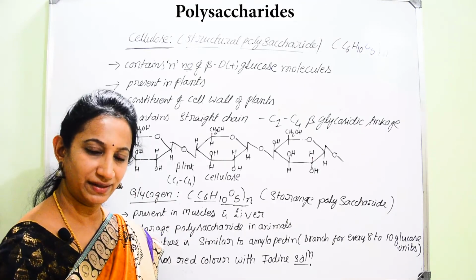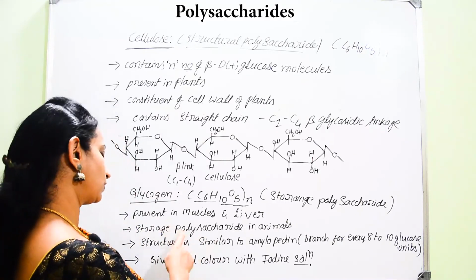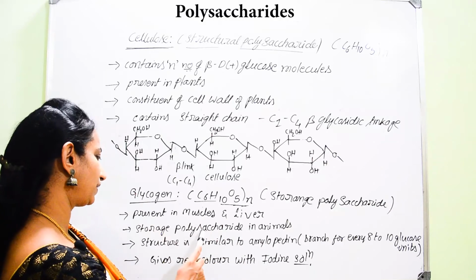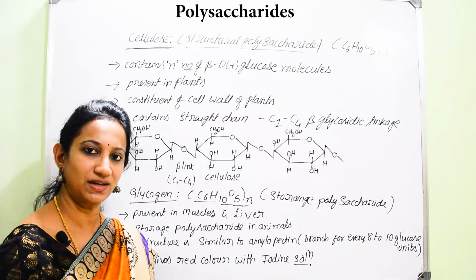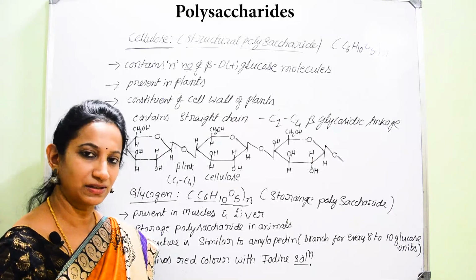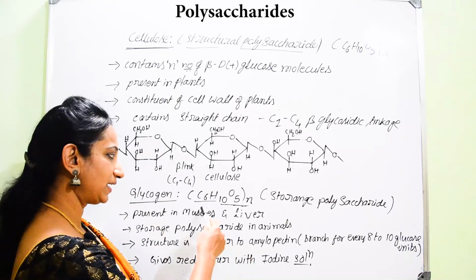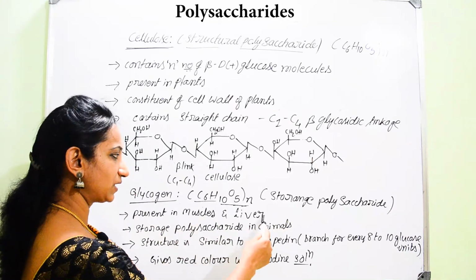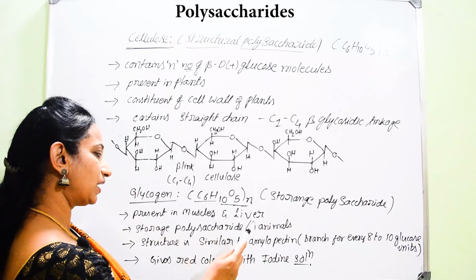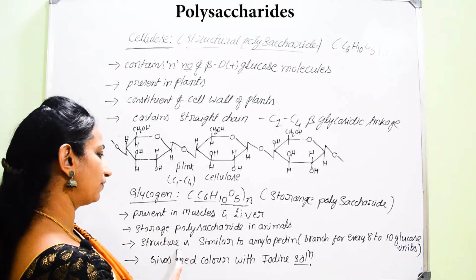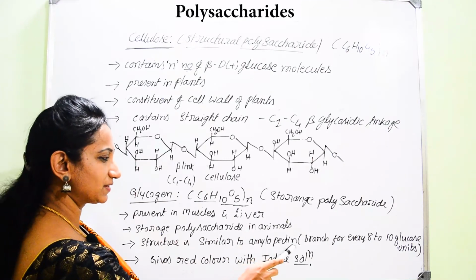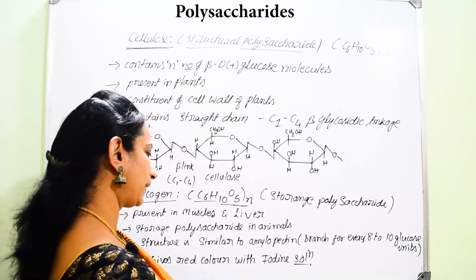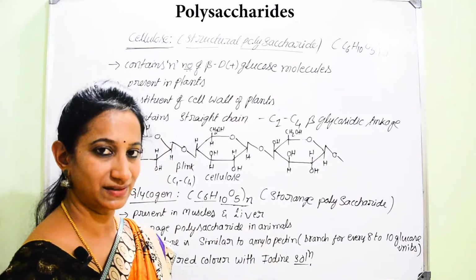Whenever we need energy, this storage polysaccharide can be converted into monosaccharides, that is, single units of glucose. Glycogen contains a lengthy polymer chain of glucose units, similar to amylopectin. Do you remember amylopectin? Amylopectin is one of the components present in starch.